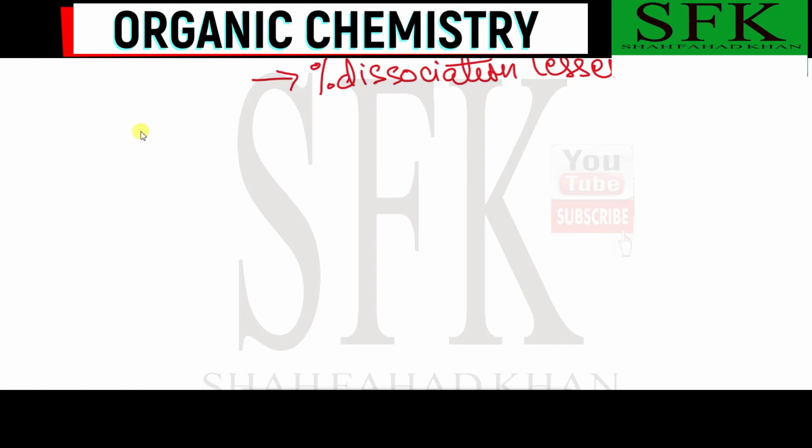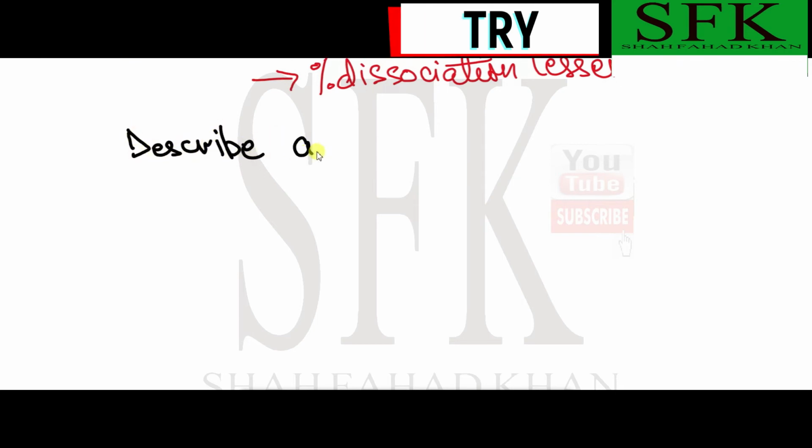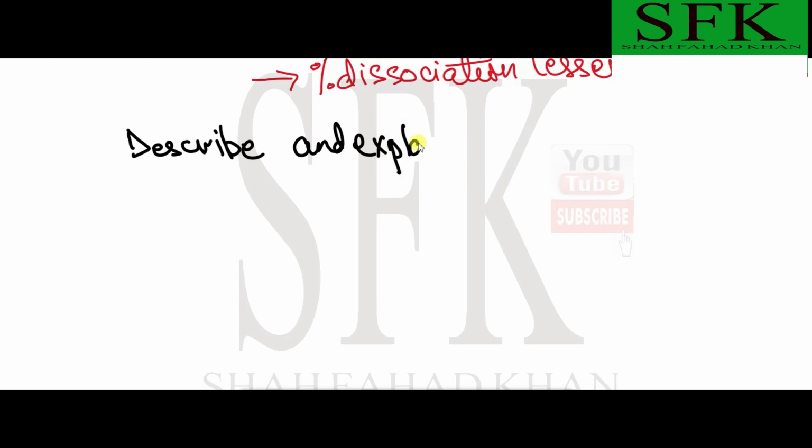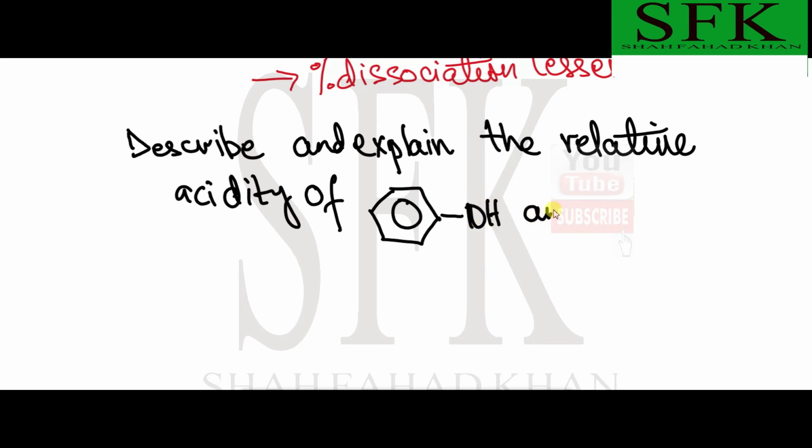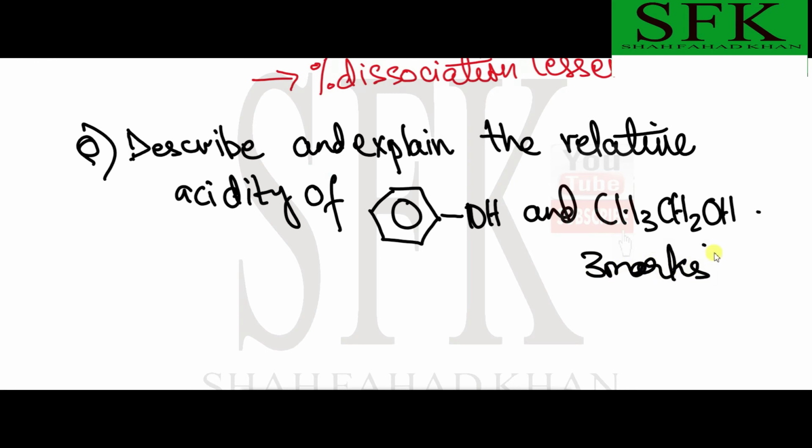They ask you to describe and explain the relative acidity of phenol and ethanol. Okay, this is the question, and most of the time it's for 3 marks, 3 marks only.